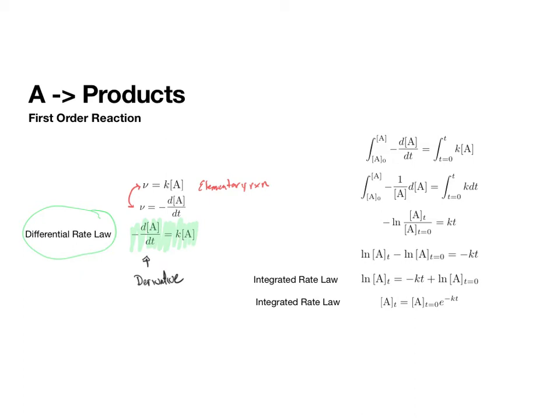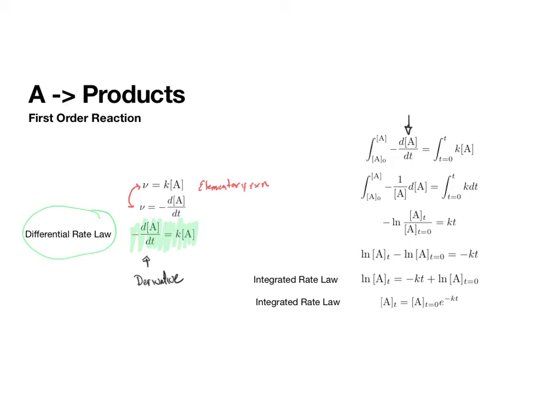It's the differential rate law because we have this in terms of a derivative. Now, this derivative is hard to work with. So what we do is work to get rid of this derivative and turn this into the integrated rate law. To do that, we take the integral of both sides. On this side I have two terms that are d, and so I want to separate my variables.